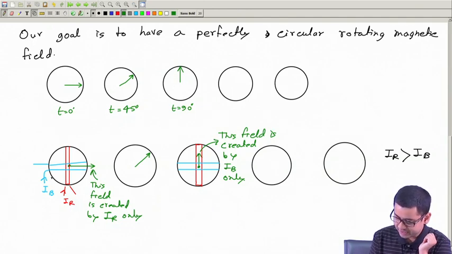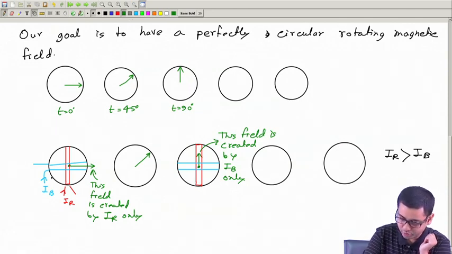Therefore, you see that the magnetic field, of course it is rotating, but it is not rotating like a circle, so to say, because it is stronger here and weaker here.